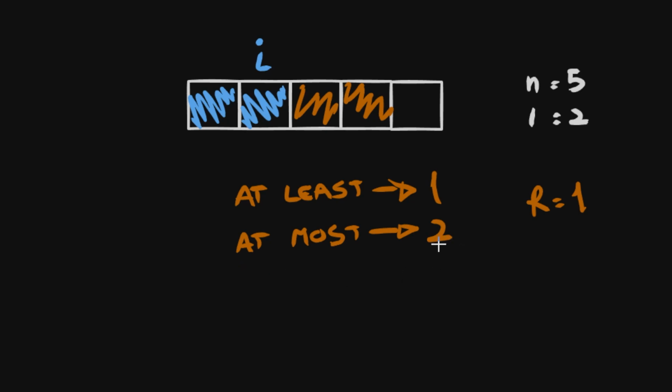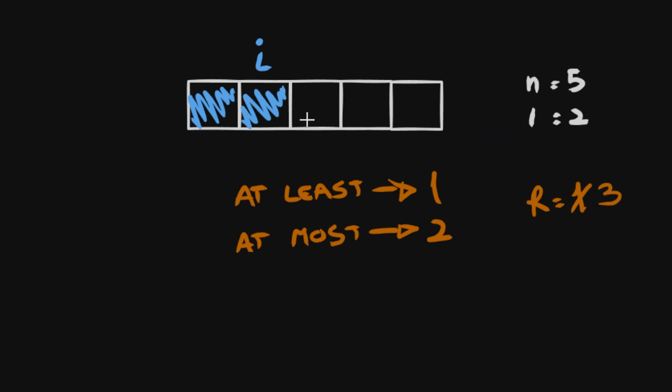And now we have the information to add the combinations to the result. We need to do at most minus at least plus 1. So 2 minus 1 plus 1 is 2. This means we add 2 combinations to the result. So the result is now 3, and let's see what this means.